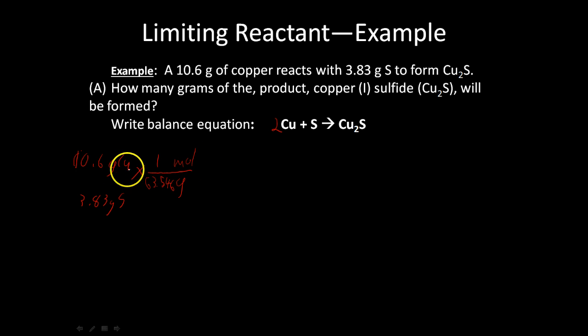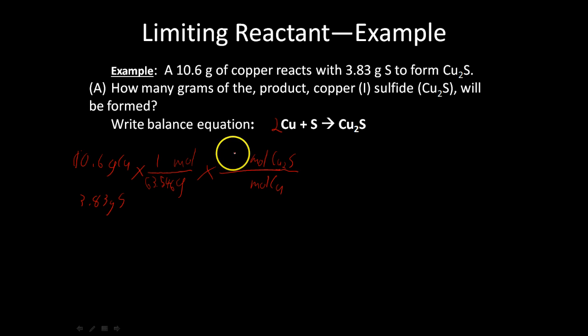Then we want to convert from moles of copper into moles of copper 1 sulfide. So we need another conversion here. We do mole of Cu on the bottom to cancel with the moles of Cu here, and then mole of Cu2S.